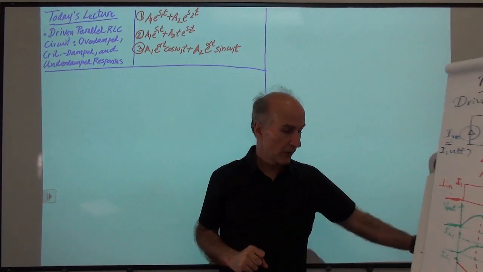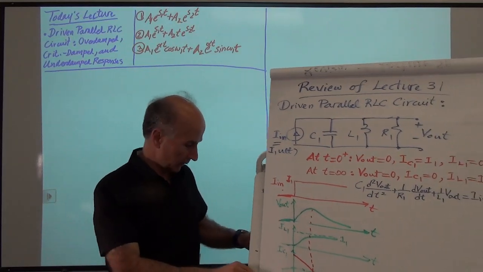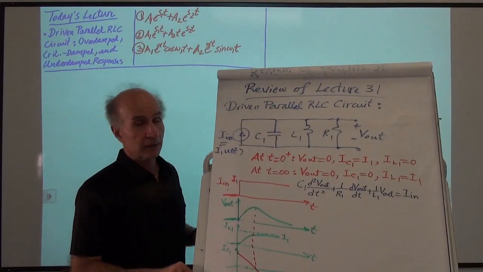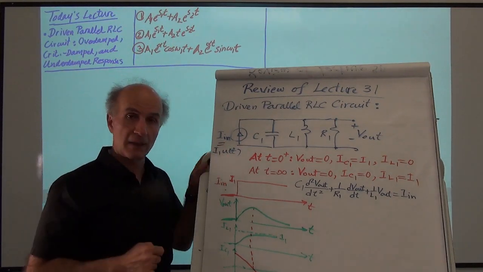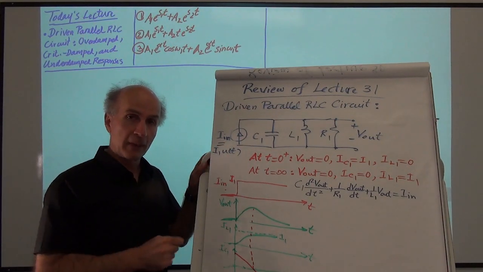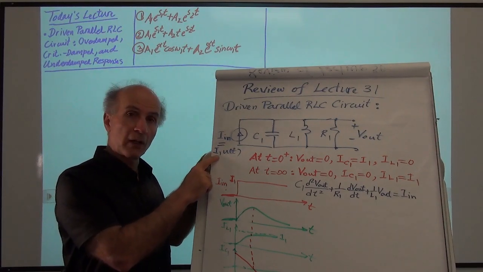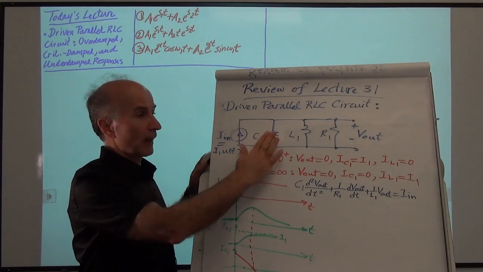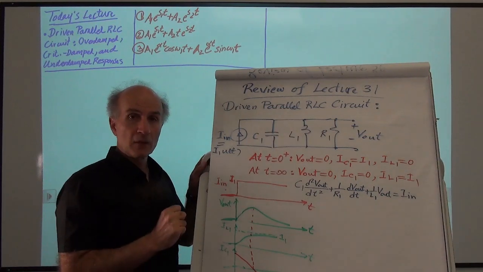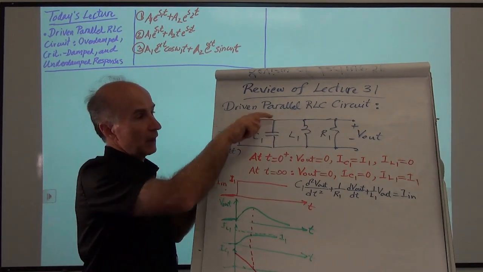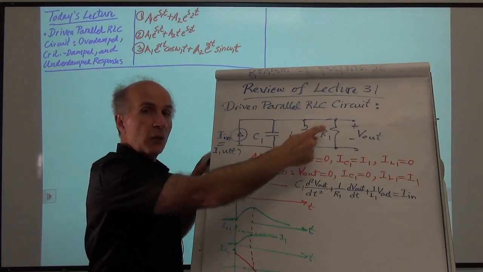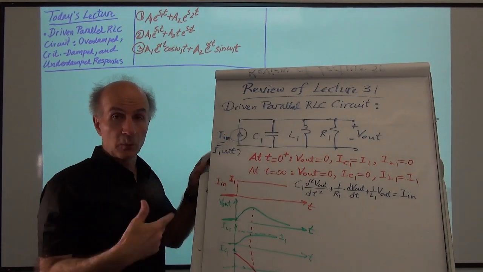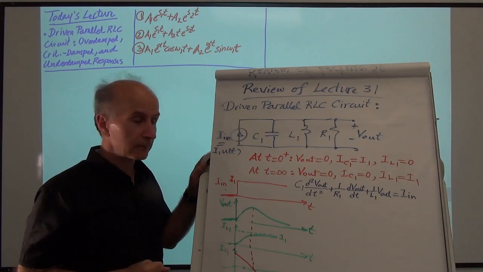All right, but before we go there, let's take a look at what we learned about the circuit last time when the input is a current step. So it jumps from 0 to I1 at time 0, and we don't have any initial conditions here. So we decided that this current flows into this node, and now it has to figure out which one of these branches it wants to flow through.